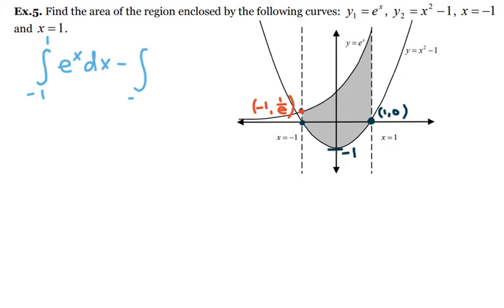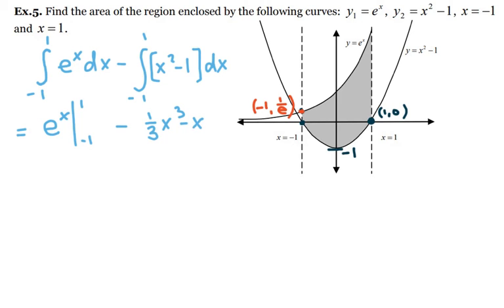I have the same limits, negative 1 and 1, and the bottom function is x squared minus 1 dx. The integral of e to the power of x is e to the power of x, with limits of 1 and negative 1. And the other function gives 1/3 x to the third minus x, and again, the limits are 1 and negative 1.